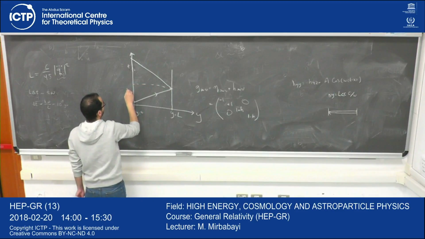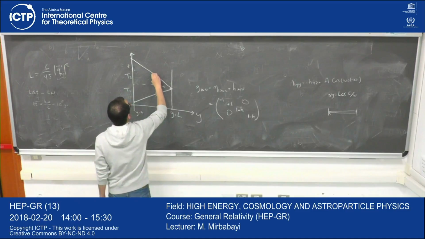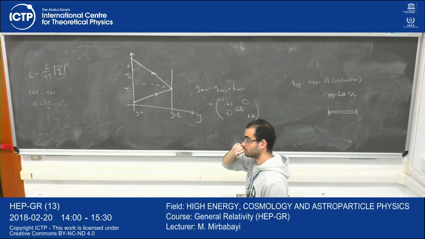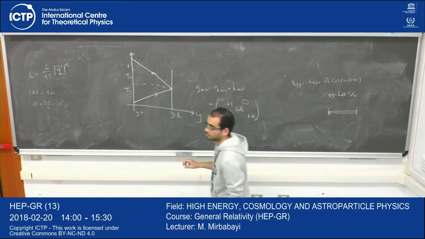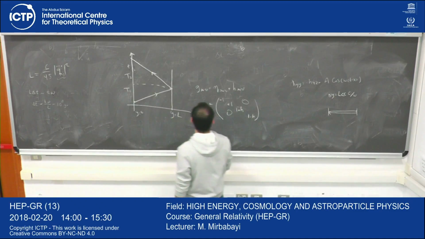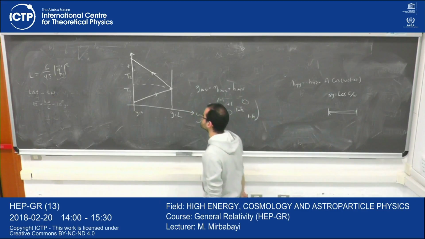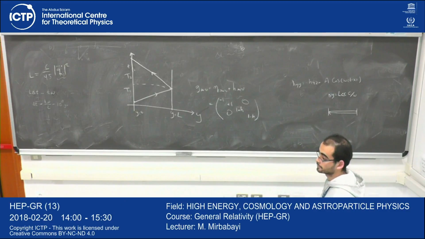So we need to calculate 2 times T1 and T2. These lines y equals 0 and y equals L are the locations of the two mirrors. And the traceless transverse gauge coordinates don't change, so the non-relativistic masses do not move along y.